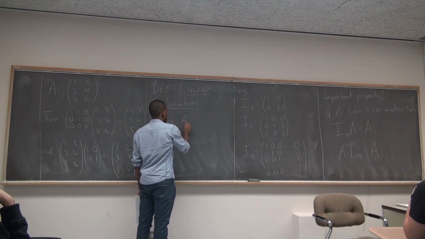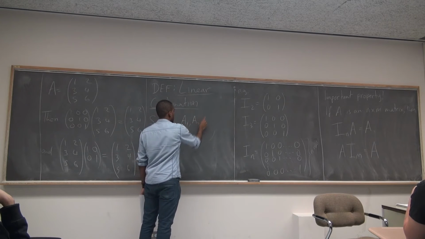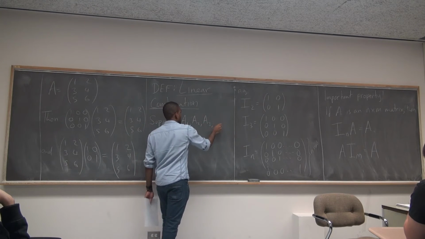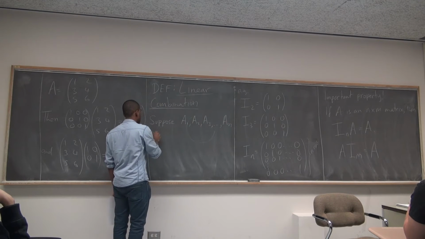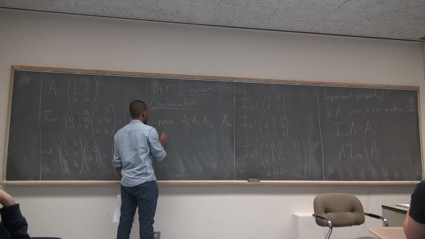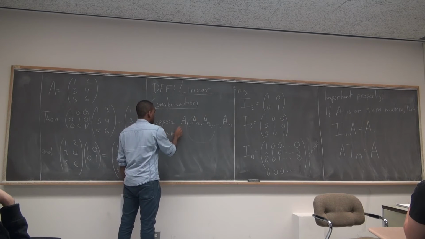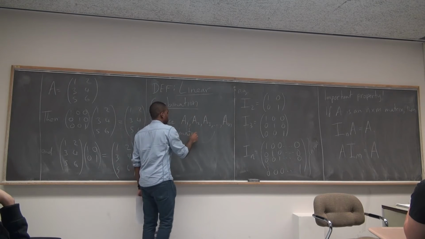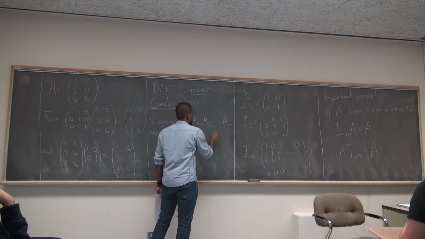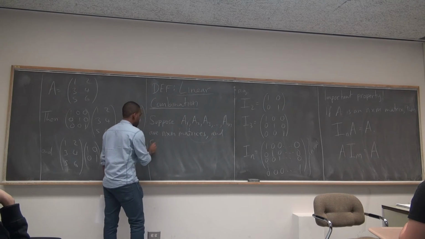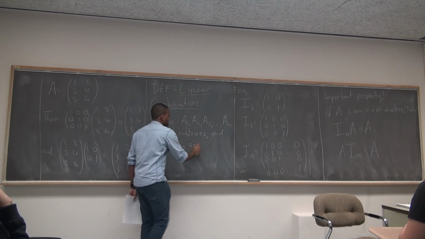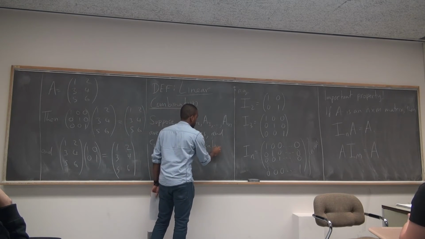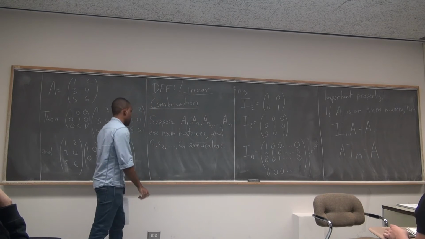Suppose A1, A2, A3, to An are n by n matrices, and C1, C2, up to Cn are scalars. Remember, our scalars are elements of a field.